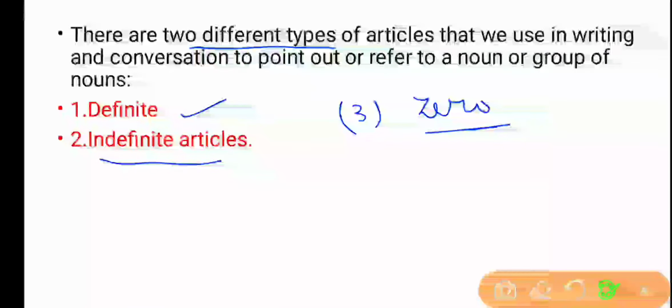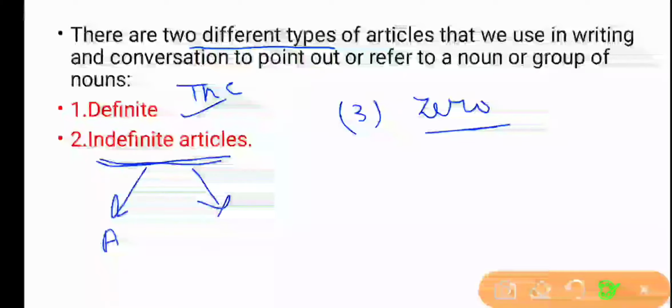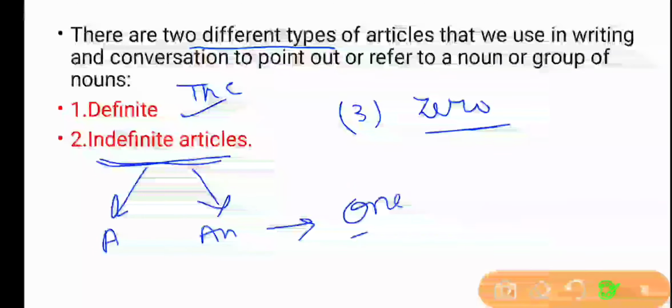Now when we talk about the definite article, it is the word "the," and when we talk about indefinite articles, we use "a" and "an." Now you must be thinking that "a" and "an" both refer to one, right? Yes, exactly, both refer to one, but where we can use them is quite different.